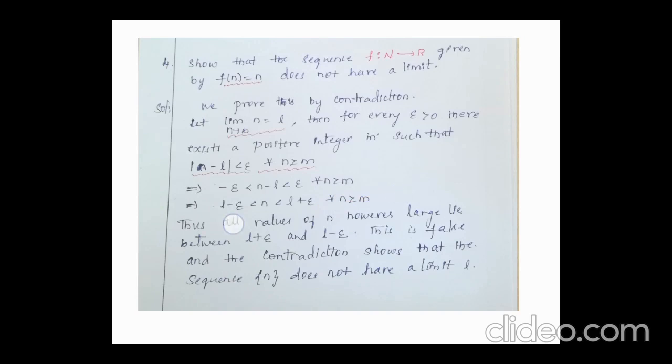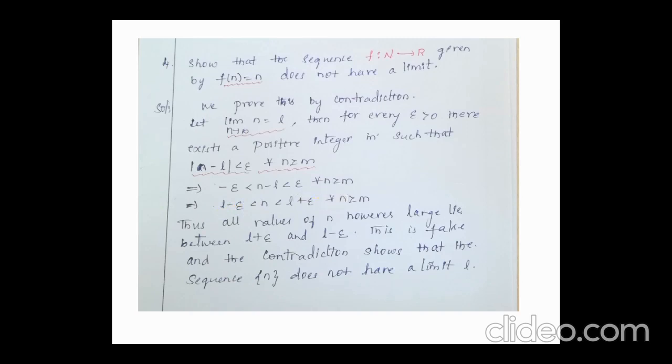So thus all values of n, however large, lie between L minus epsilon and L plus epsilon. Now, all means all values of n, however large it may be, lies in the range L minus epsilon to L plus epsilon.